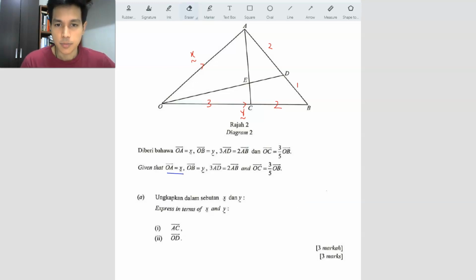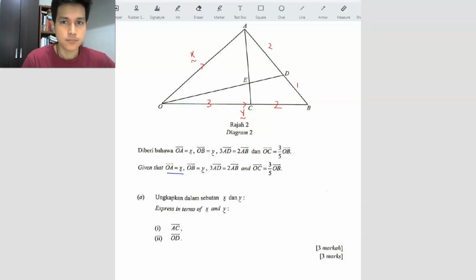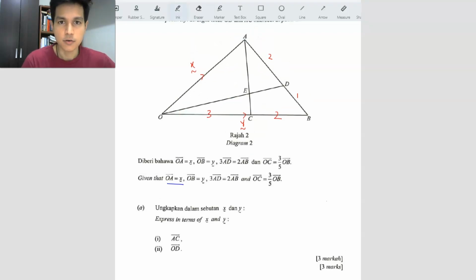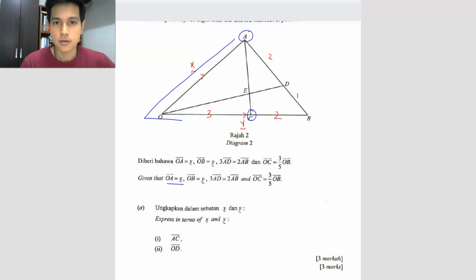They want you to express in terms of X and Y. So they're asking for AC, right? AC. So AC is, your equation should be A to C here. So you can go this way. Correct? You can go these two way.